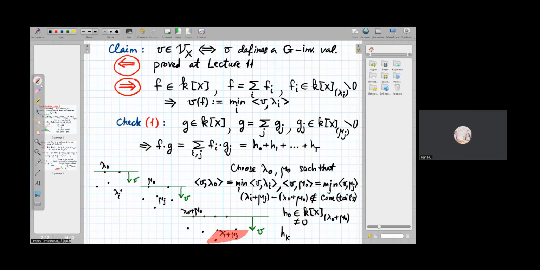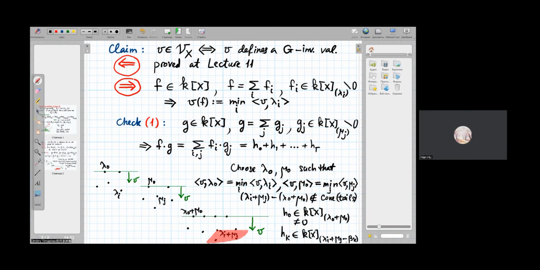So the other h's belong to irreducible summands corresponding to highest weights of the form lambda i plus mu j minus some tail, say beta k.